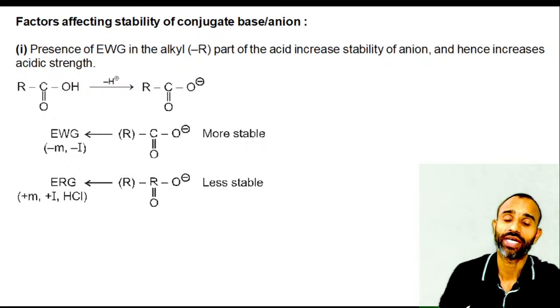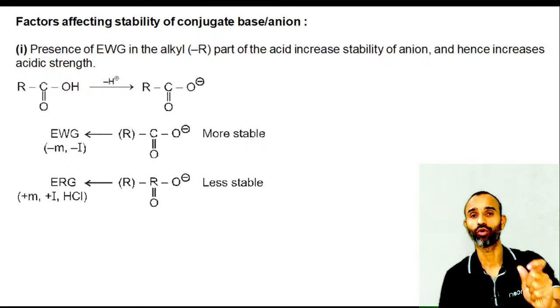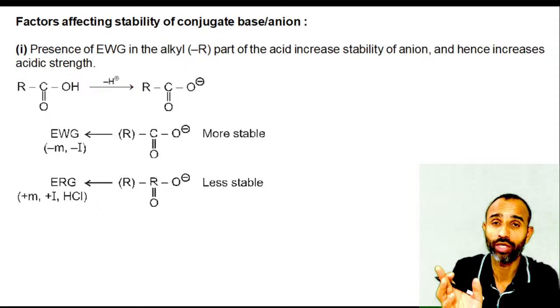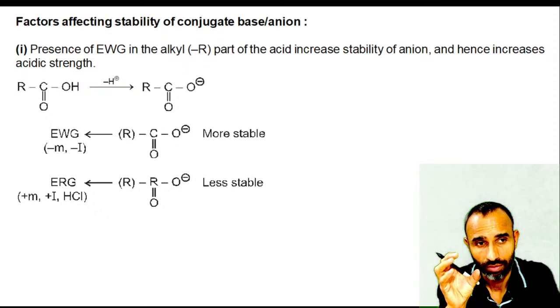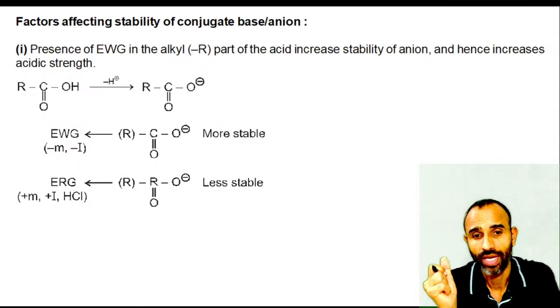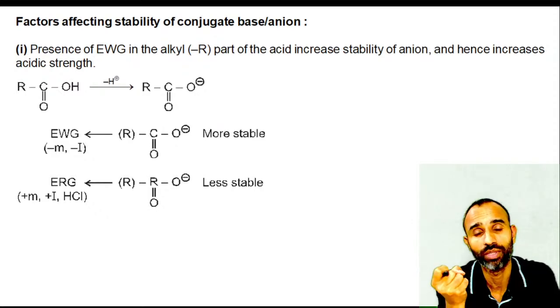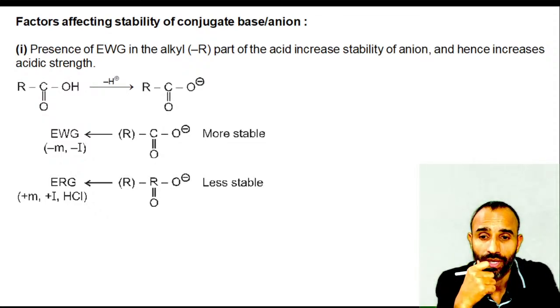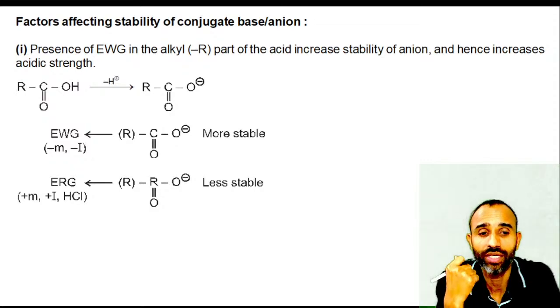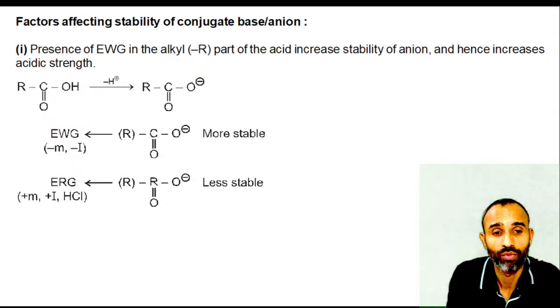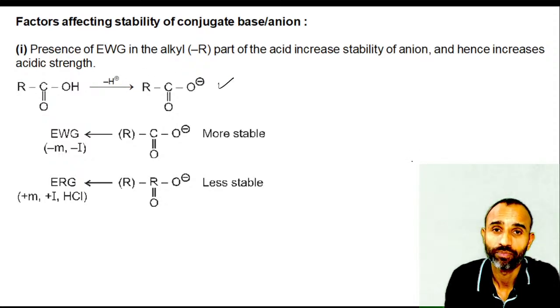Now what are the factors? First is the electron withdrawing group. Whenever we have withdrawing groups attached to the polar group, that will increase the stability of the anion, because the withdrawing group withdraws electron density from the negative ion, and hence increases the acidic strength. So see, we have RCOOH, removing H plus, we get RCOO negative.